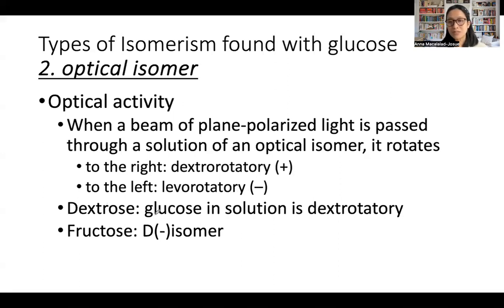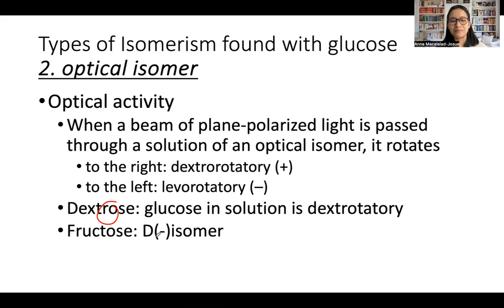When glucose is in solution, such as in your IV fluid, it will be dextrorotatory. That's why the glucose that you see in IV fluids, when in solution, is called dextrose.